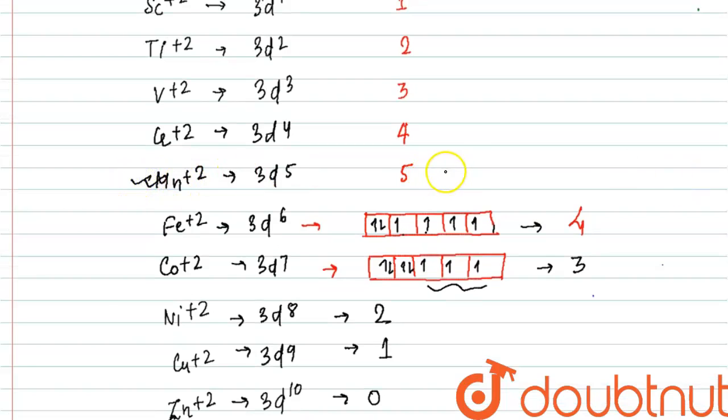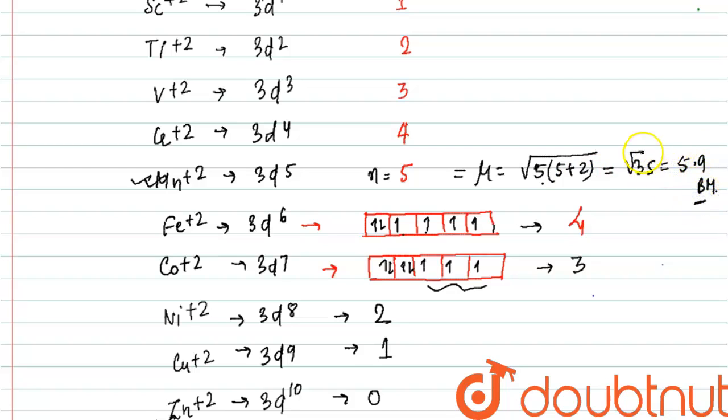Because it has the highest number of unpaired electrons, the magnetic moment will be equal to under root n into n plus 2, where the value of n here is 5. So it is under root 5 into 5 plus 2, which is 5 into 7, which is 35, so under root 35, which means 5.9 BM.